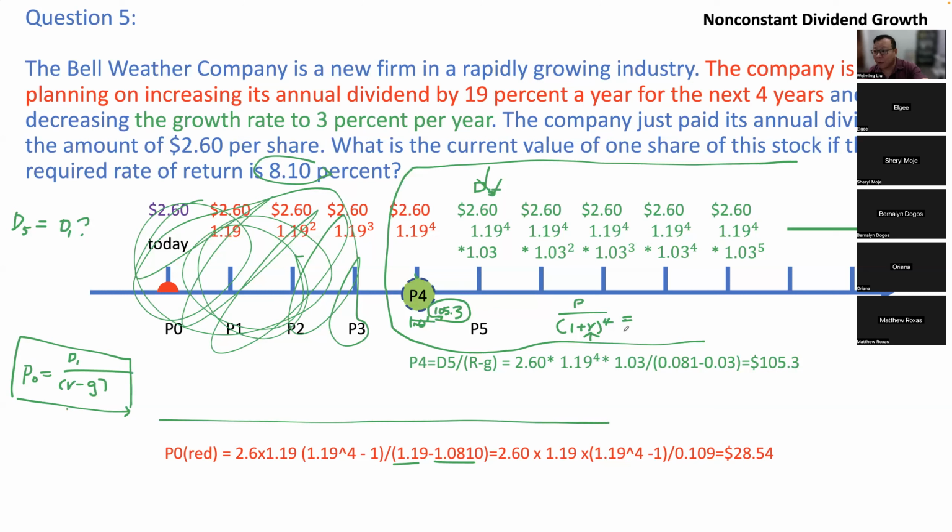If I have a D4, I'm going to do P3, because I have a formula, it just makes things easier. In this case, I have a D5, so I just calculate P4. Then I ask myself, how much is the value at P4 equivalent to the value 4 years earlier? So then you just have to discount it.